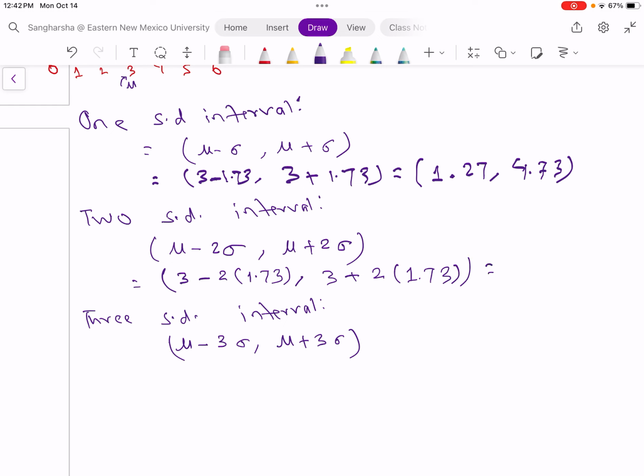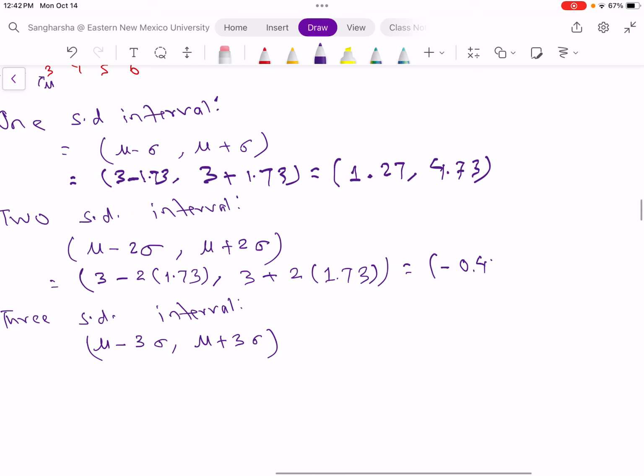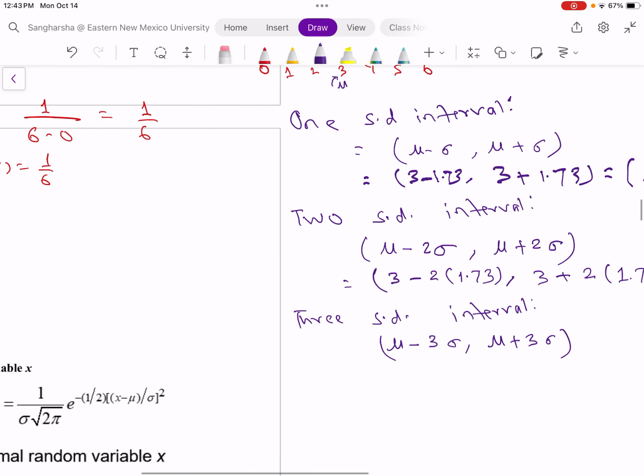And this is negative 0.46 to 6.46. Okay, so this is the 2 standard deviation interval, and in a similar way you can find the 3 standard deviation interval, once you have the mu and sigma. Okay, now we are done with part B.